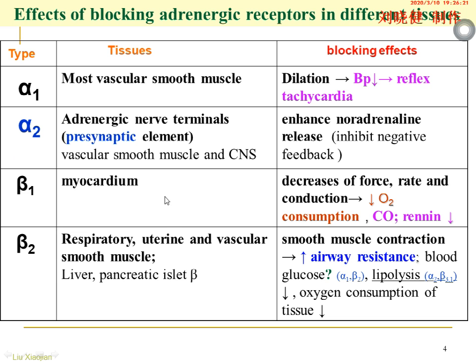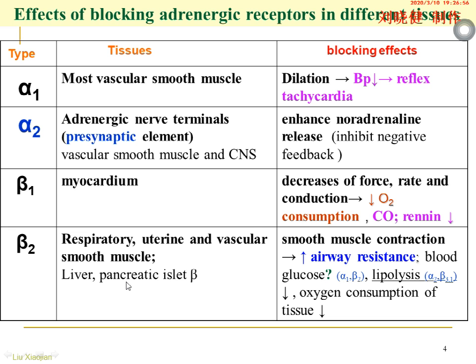In the heart, once beta 1 is blocked, it induces negative effects on the heart: decreased heart rate, decreased contractility, decreased oxygen consumption, decreased cardiac output. It can also decrease renin release and decrease the function of the RAAS. Beta 2 receptor, if it is blocked by an antagonist, induces smooth muscle contraction.